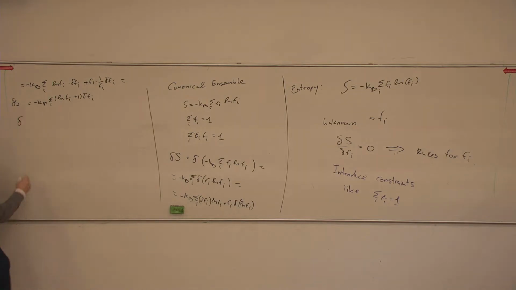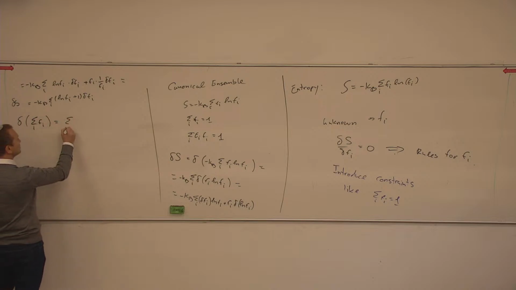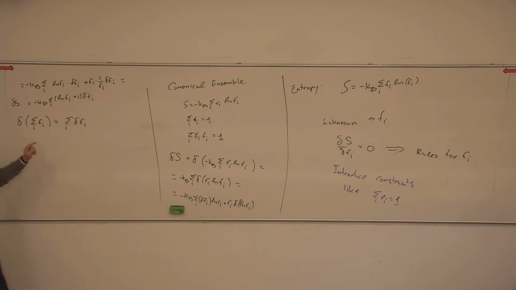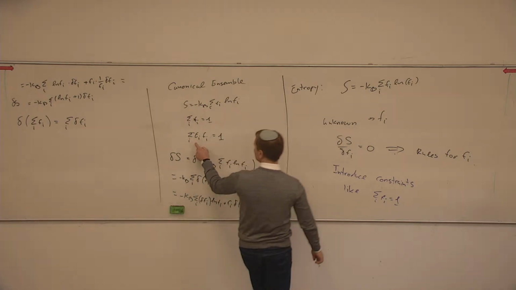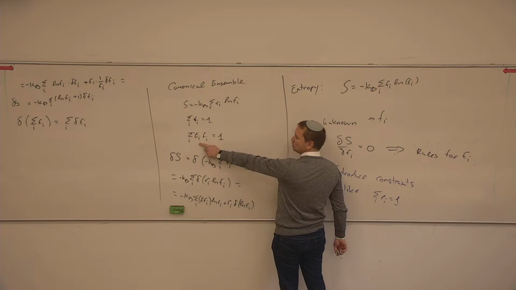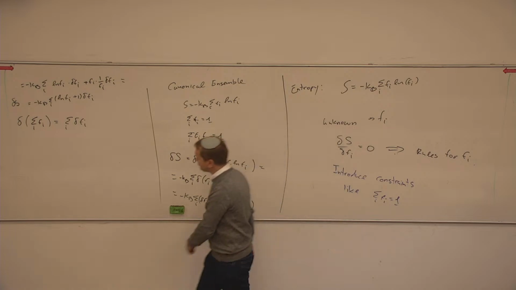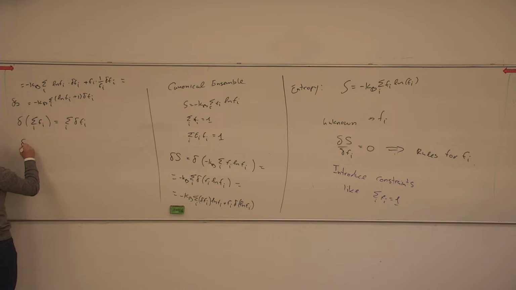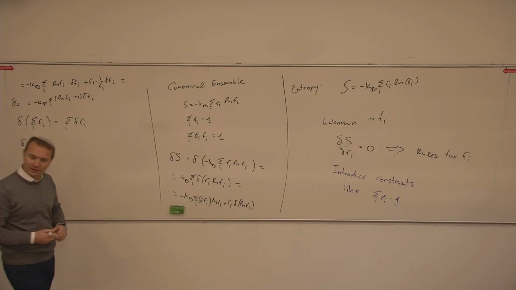You already saw it. So it's delta of sum over i of f_i equals sum over i of delta f_i. Okay. Nice. The additional part is to find the variation of sum over i of e_i f_i. Now here it's a little bit tricky sometimes, in a sense, what we are varying. Okay?